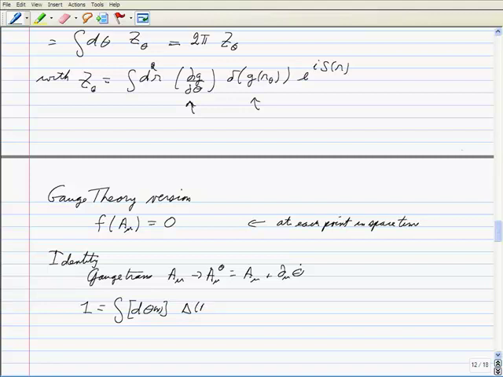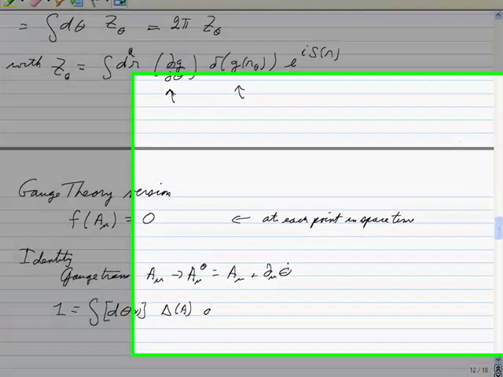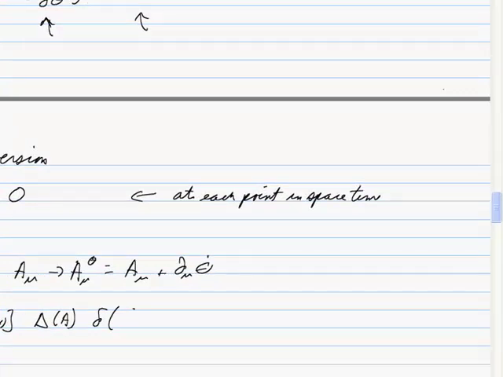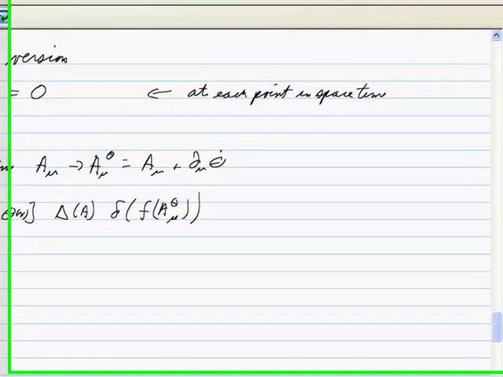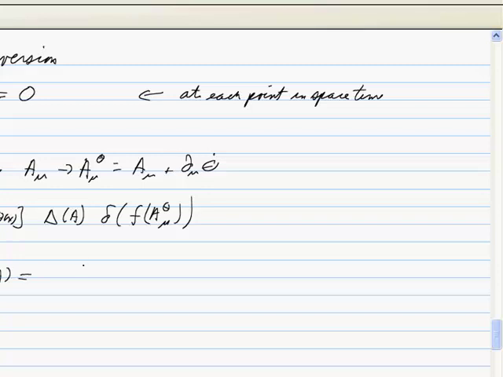This is going to be the Jacobian delta of A in general, times delta the function f of A of theta equaling 0, where delta of A is the Jacobian, the determinant, the f d theta, evaluated at f equals 0 in principle.